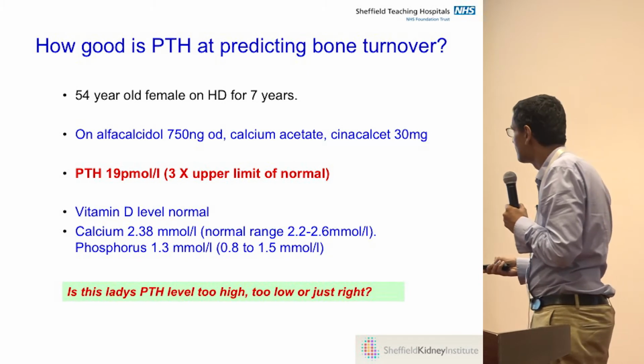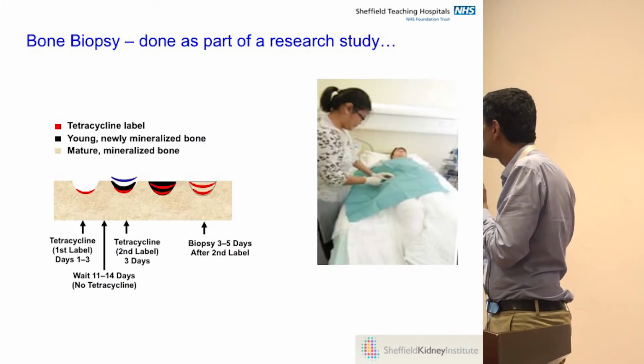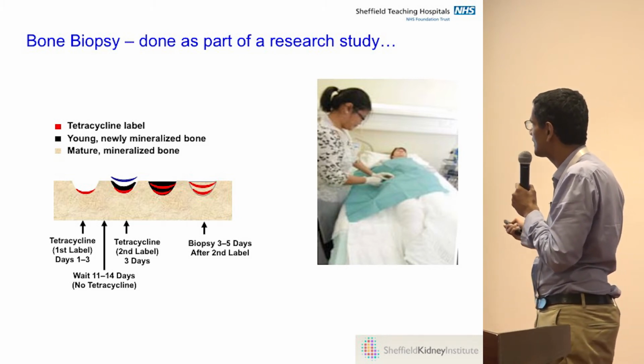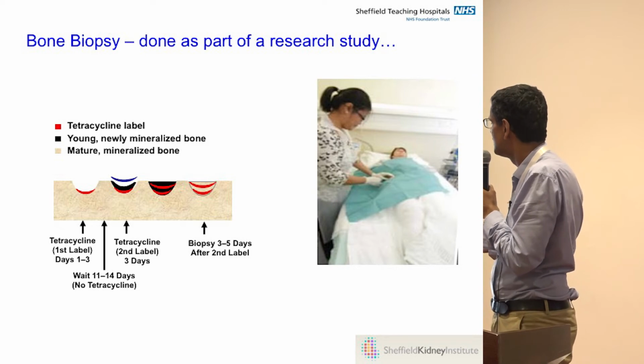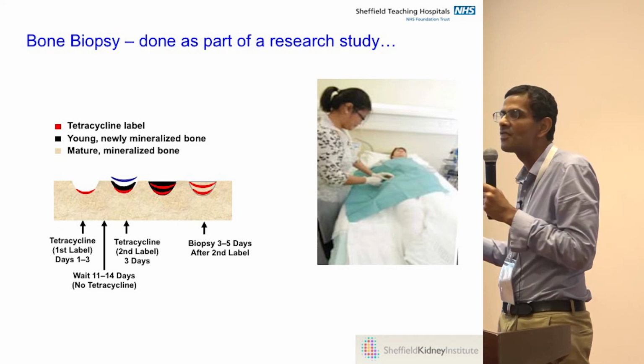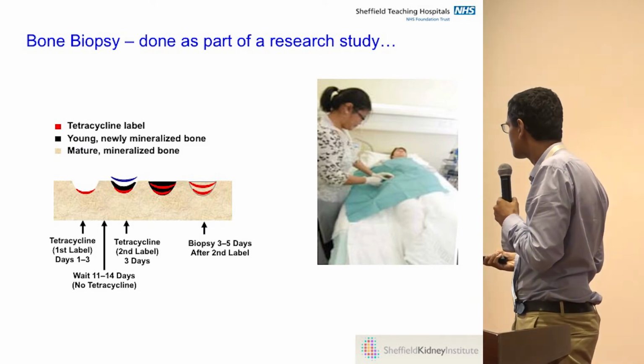Okay? Now, what she did, which wasn't part of her clinical care, at the time we were doing a bone biopsy study, and she very kindly agreed to take part, where we gave her tetracycline labels, and that allowed us to assess her bone turnover rate.